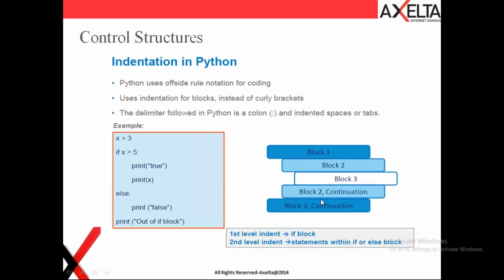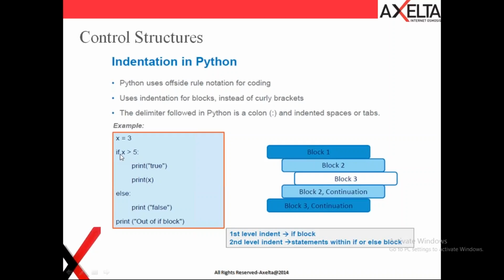So here, this block 3, the last, are you able to see my cursor? Yes. So this part of the statements belong to block 1. This part of the statements belong to block 2. So like that, you should be careful while giving the indentations. And you can see the definition.